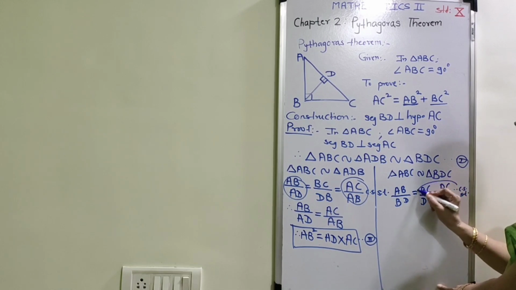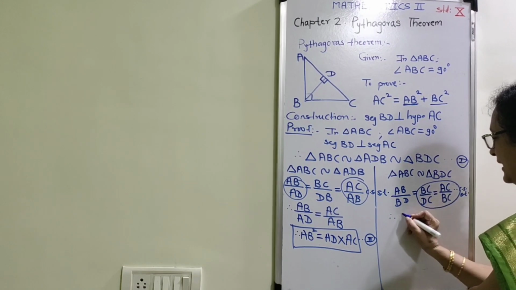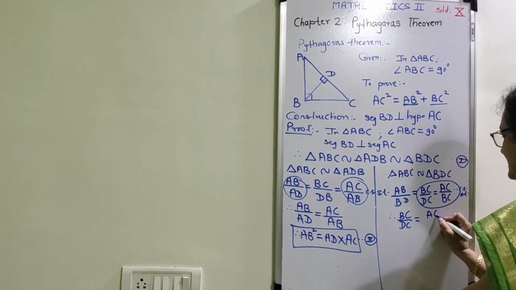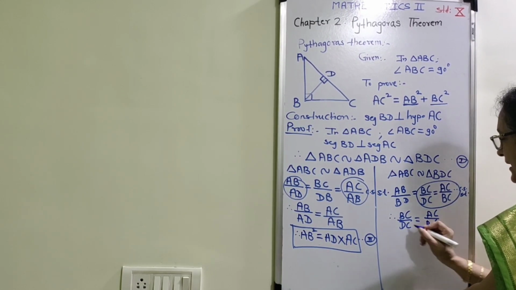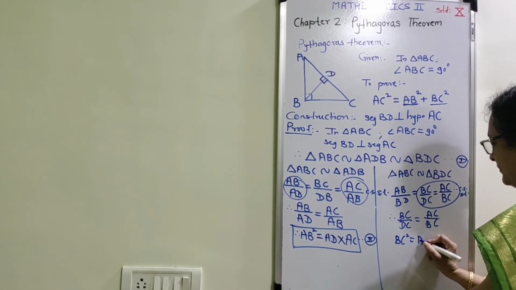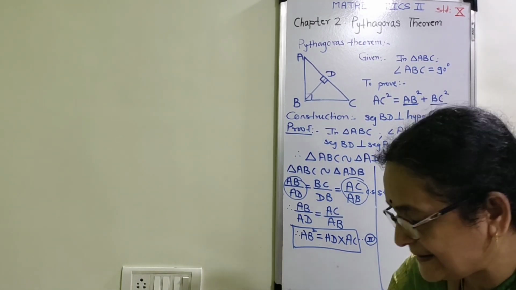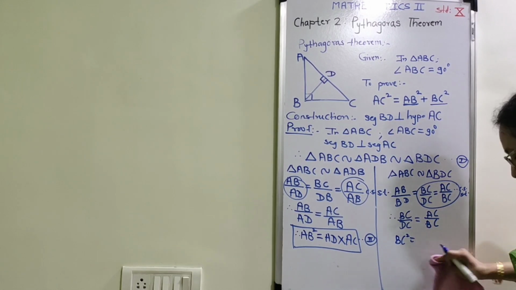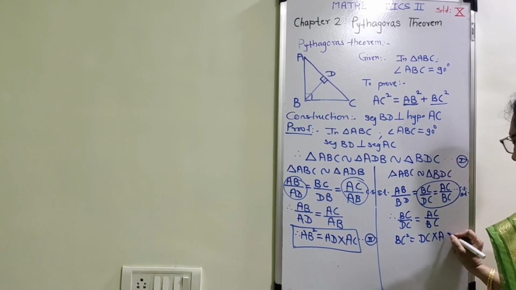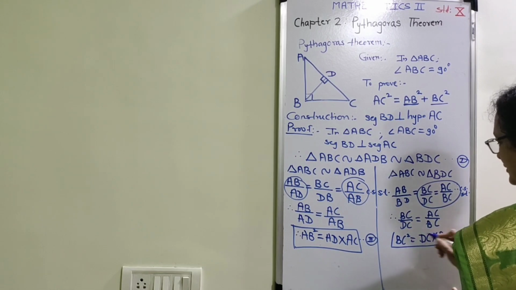In these two we will get BC square, and therefore write BC upon DC is equal to AC upon BC. Cross multiplying, I will get BC square is equal to DC multiplied by AC. This is my statement number 3. Now block this statement also.